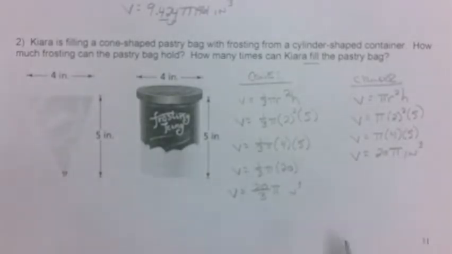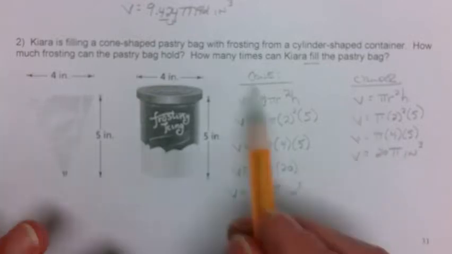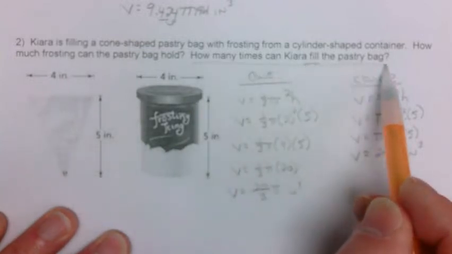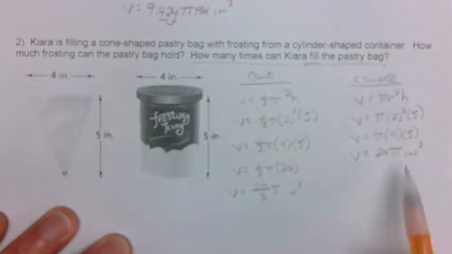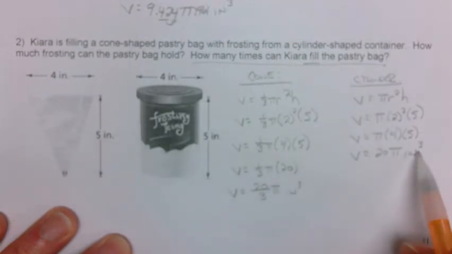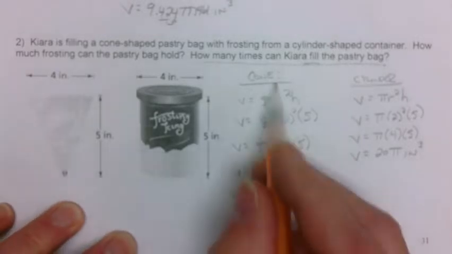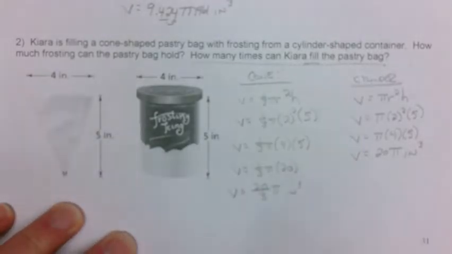Okay, so the reason why I left it like this in terms of pi for each example is because this is going to help answer this second question. How many times can Kiara fill the pastry bag? Well, if the volume of the cylinder is 20 pi cubic inches, and the volume of the cone is 20/3 pi cubic inches, that means that I would be able to fill this pastry-shaped bag 3 times.